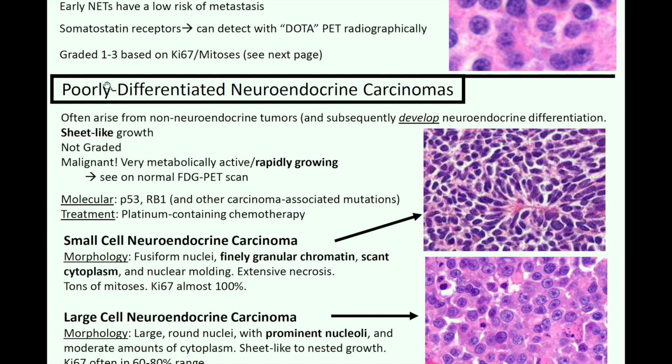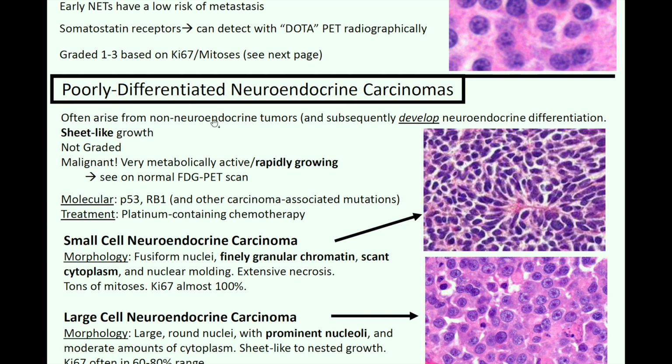Next up, we got poorly differentiated neuroendocrine carcinomas. So these often arise from non-neuroendocrine tumors and subsequently develop neuroendocrine differentiation with a sheet-like growth, and these are not graded. They are malignant and very metabolically active, so they're rapidly growing.